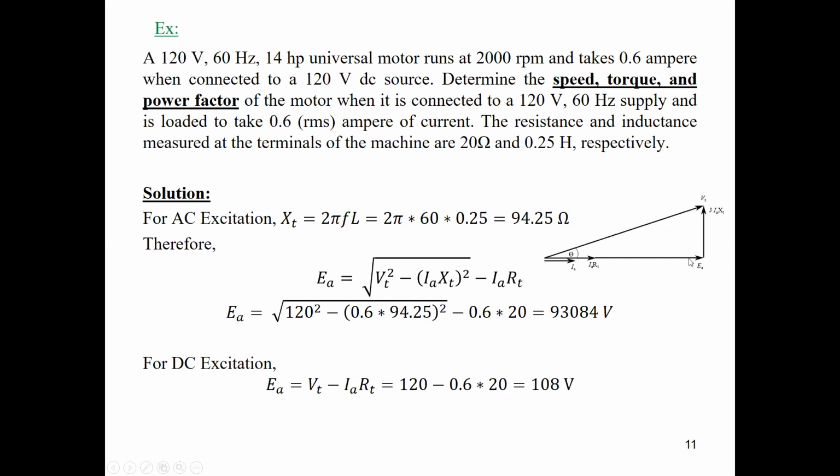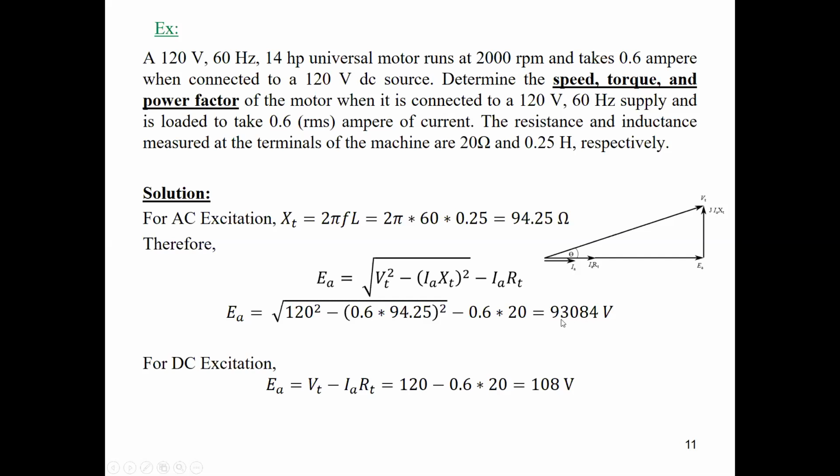And simply you can calculate E from the phasor diagram using this relation, which is V terminal minus the square root of V terminal squared minus Ia squared X total squared, which is using Pythagoras, which is this length, and we can subtract the value of Ia R total to obtain the value of Ea. So simply you can substitute here: the square root of 120 squared minus 0.6 multiplied by the total reactance squared, minus current multiplied by the resistance.